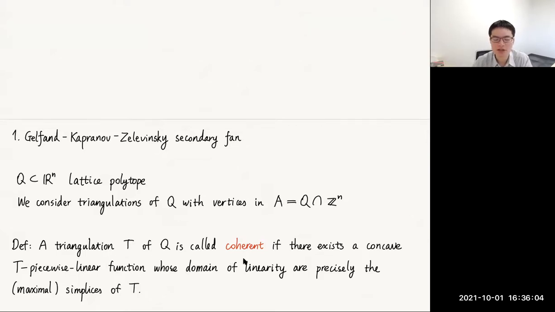A triangulation is called coherent if there exists a concave T-piecewise linear function whose domains of linearity are precisely the maximal simplices of T. So when we have such a piecewise linear function with respect to the triangulation, and its domains of linearity are exactly the triangulation, then this is a nice one. We call it coherent.